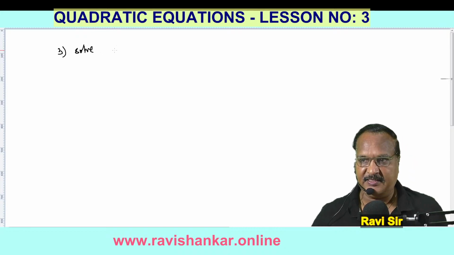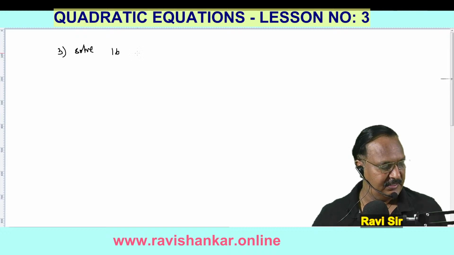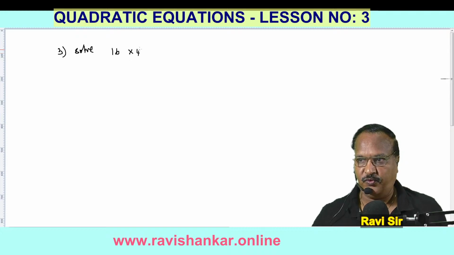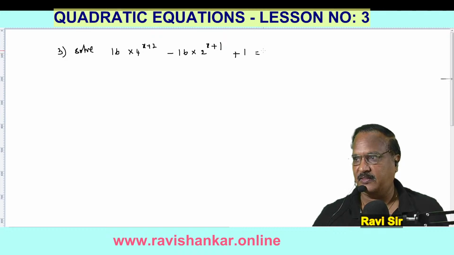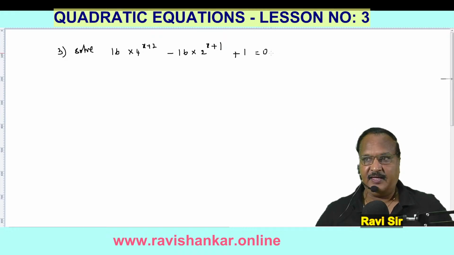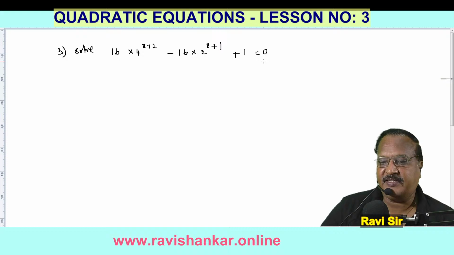Sometimes it will be like this: 16 into 4 to the power of x plus 2 minus 16 into 2 to the power of x plus 1 plus 1 is equal to 0. Actually this is not a quadratic equation.